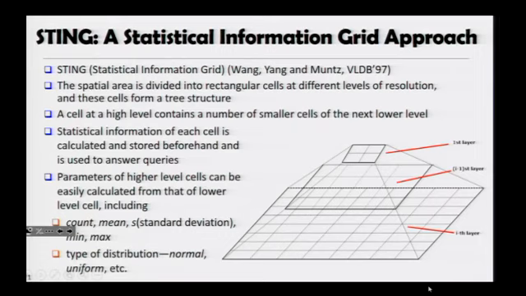Also the mean, the standard deviation, the max value, or even some other advanced statistics can be aggregated and computed in an efficient way. That's also very similar to the data cube setup. And the types of data distribution that the STING algorithm can handle span from normal distribution to uniform distribution and others.